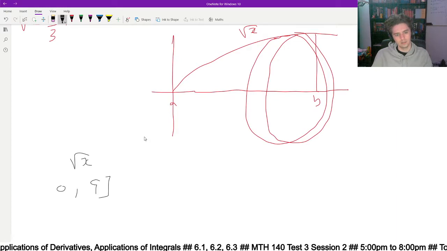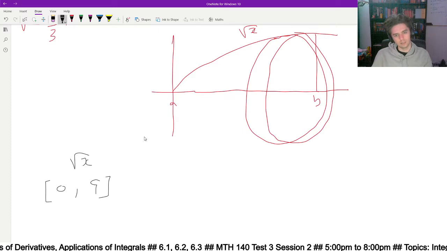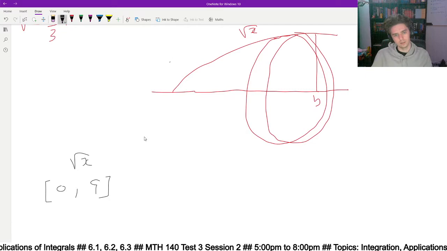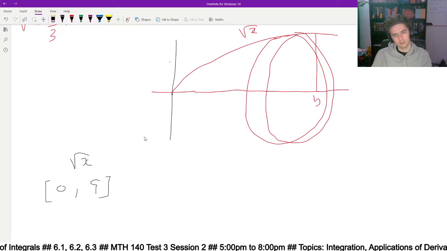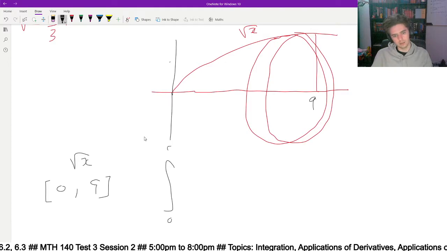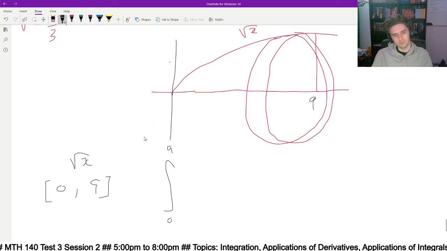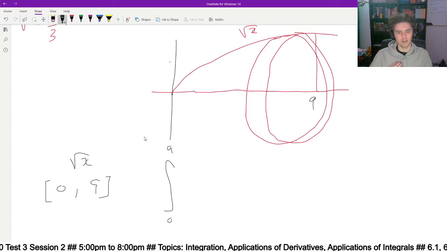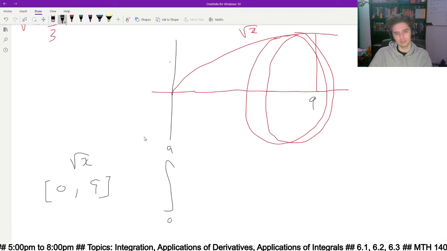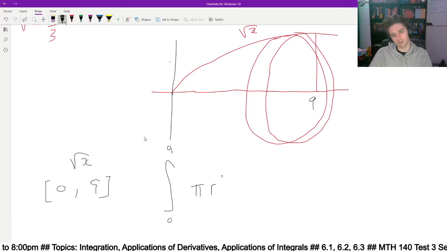So we're going to integrate from 0 to 9. And each disk, what's each disk? We're going to add up all those areas. So each disk will have an area of pi r squared.